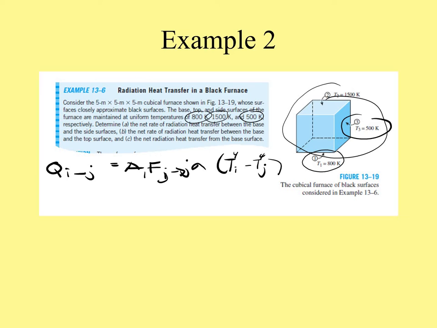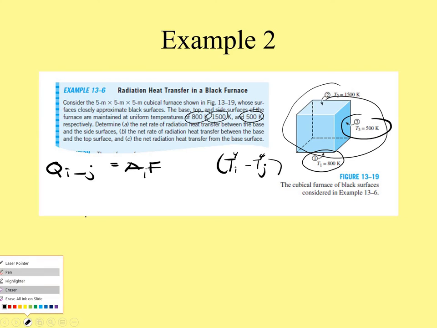I'm not sure whether in the slide I already touched on this, but you need to use this formula to calculate the net rate of radiation heat transfer. Let me write it properly: F i to j sigma Ti to the 4 minus Tj to the 4.